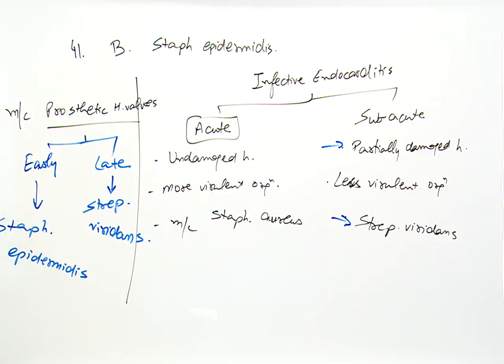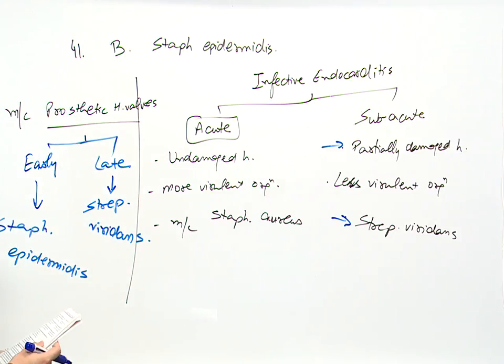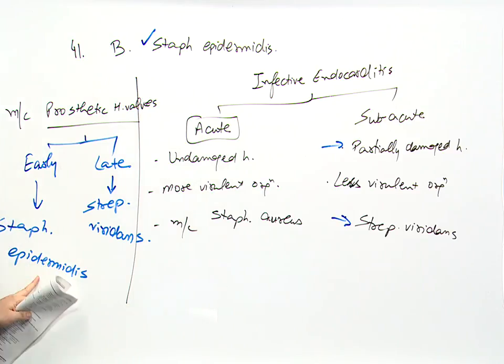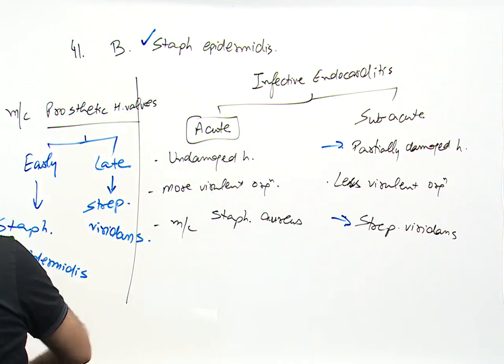So the answer to question 41, organism after early prosthetic heart valves, Staph epidermidis. Next.